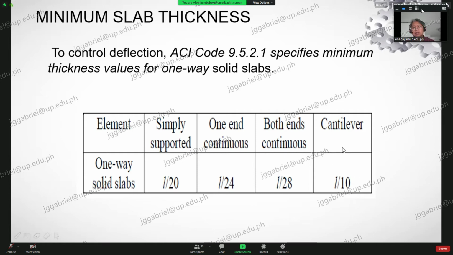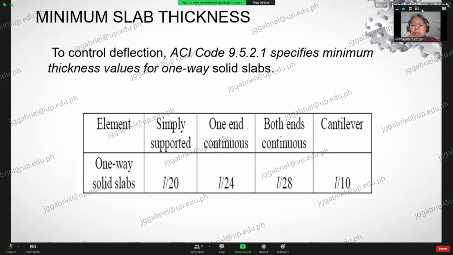Now, notice what happens here. L over 28, what's the smallest sa apat na to? Yung continuous at both ends, no? It's like we are assuming that it's fixed on the left end, and then fixed at the right end. Yun ang parang analogy nito, ano? That's why your requirement for thickness is less, no?